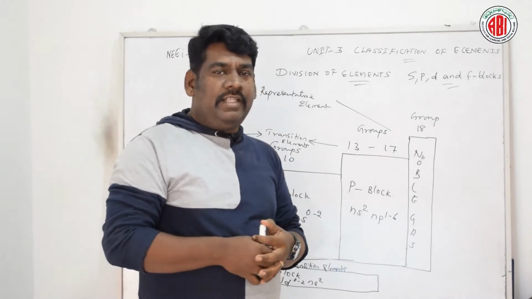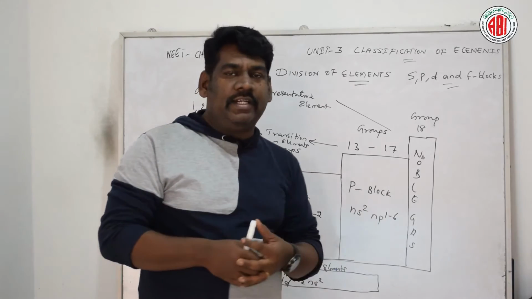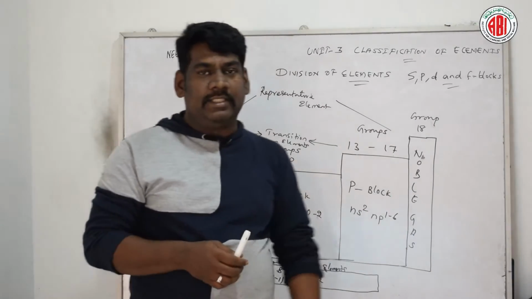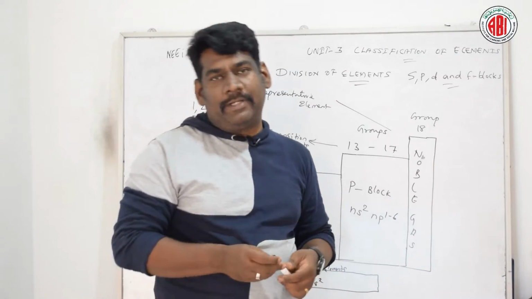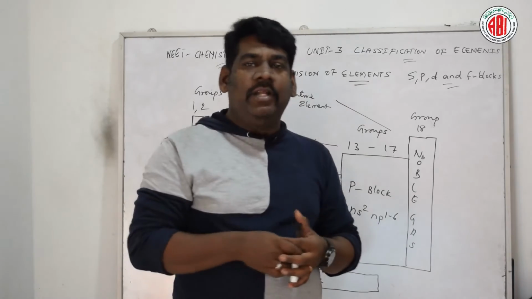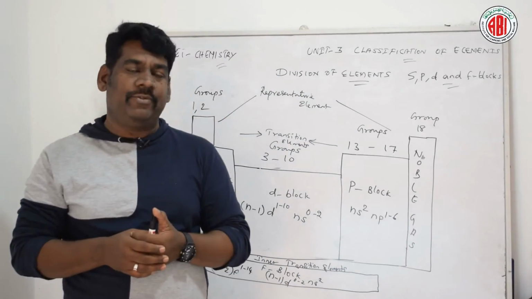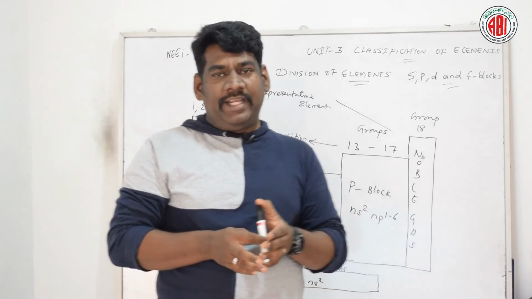They include both metals and non-metals. There are 2 different characteristic features in the P block elements, metallic and non-metallic properties, and there is a regular gradation from metallic to non-metallic character as we move along the period from left to right in this block.